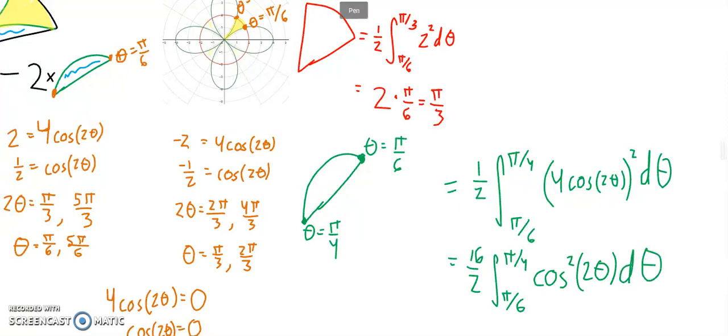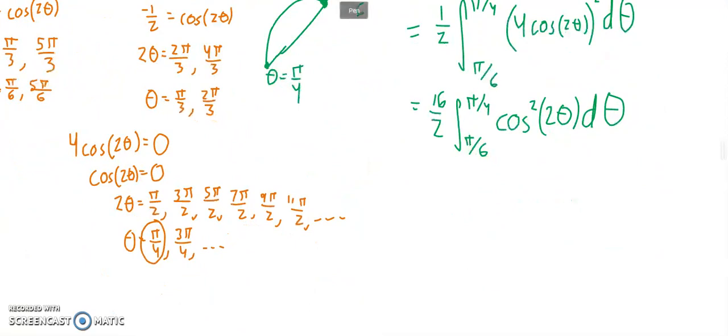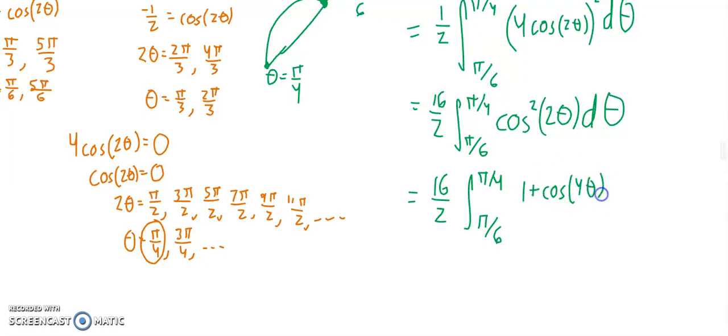I don't know how to integrate cosine squared, but luckily I do know something cosine squared is equivalent to. I know that cosine squared is equivalent to 1 plus cosine, I double my angle, all over 2. So this is 8. The coefficient from the integral is 8.